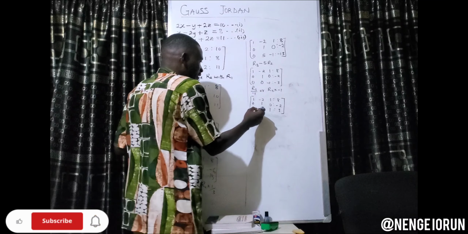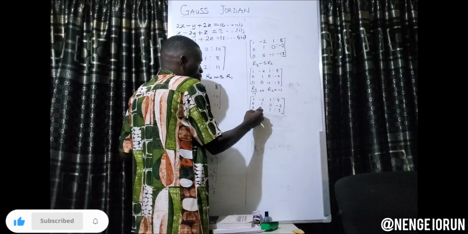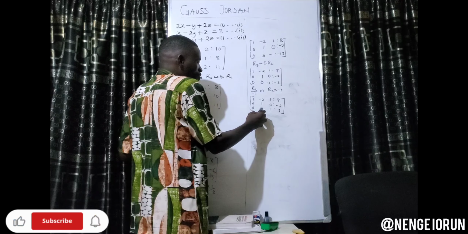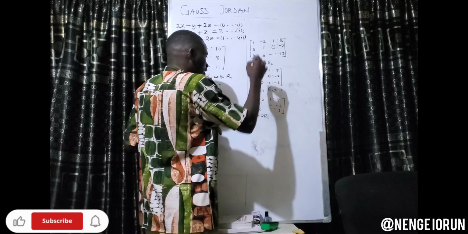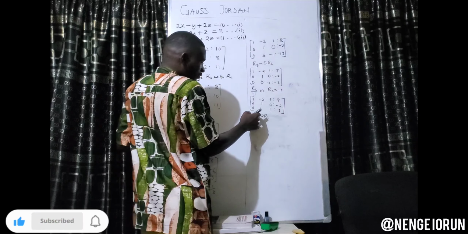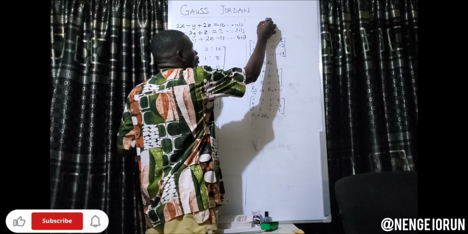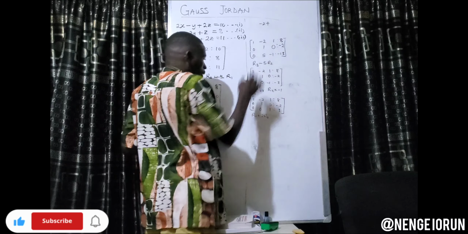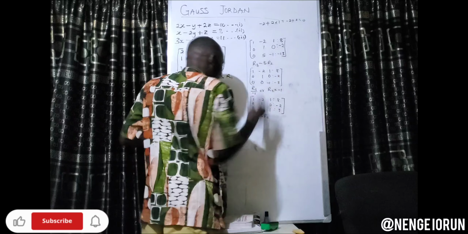So now you will say row 1 plus 2 times row 2, in such a way that if we say -2 plus 2 times 1 here, this will give us -2 plus 2, which is 0.